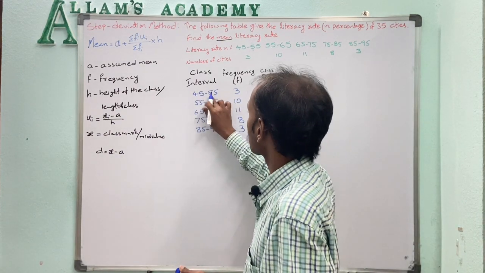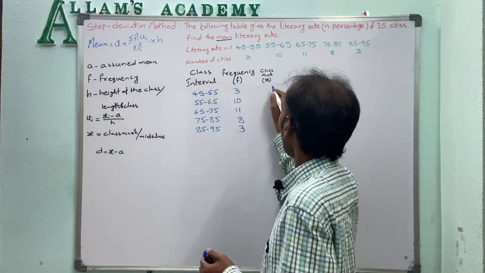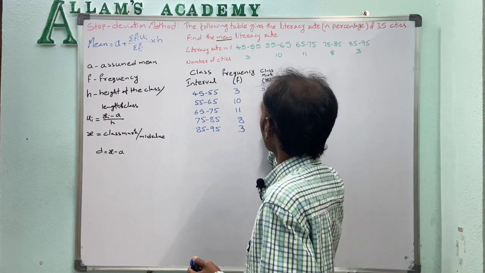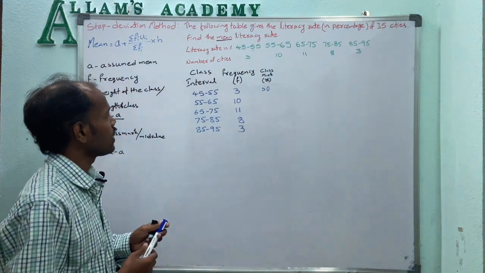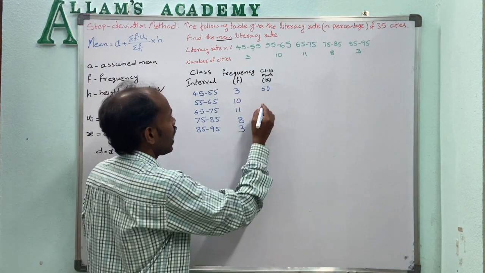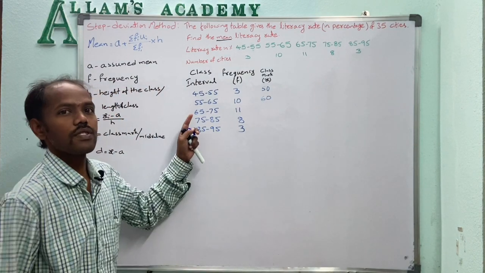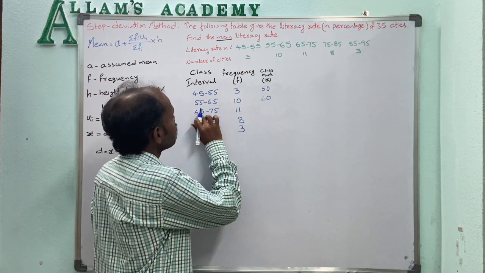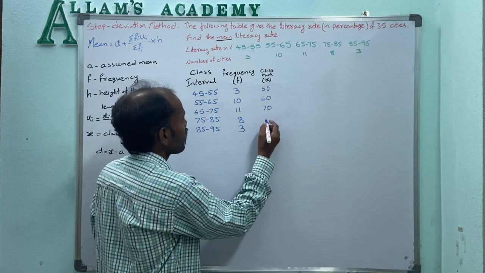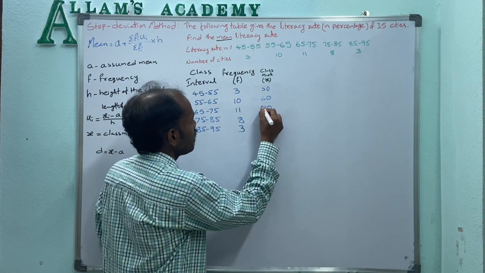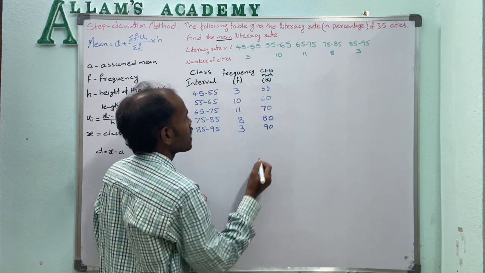So 45 plus 55 equal to 100, half of 100 is 50. Next 55 plus 65 equal to 120, half is 60. Next 65 to 75, class mark is 70, 75 to 85 class mark is 80 and 85 to 95 class mark is 90.